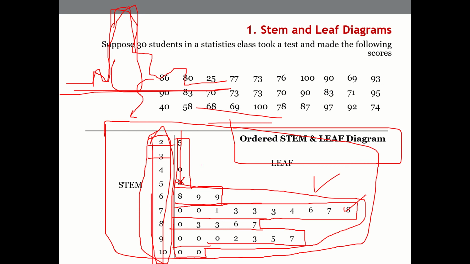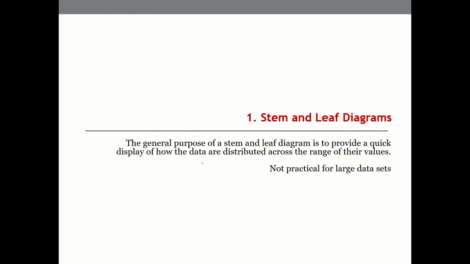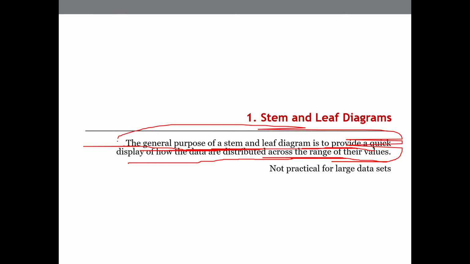The general purpose of the stem and leaf diagram is to provide a quick display of how the data are distributed across the range of values. Without doing much analysis, if you can just put the data set in a clear manner, we will be able to understand what the picture is all about.